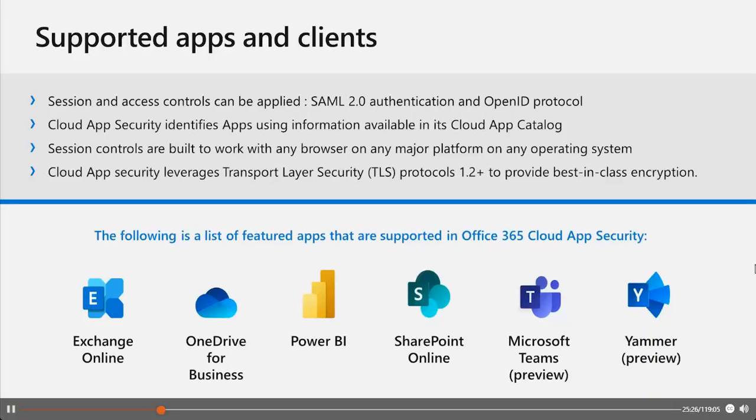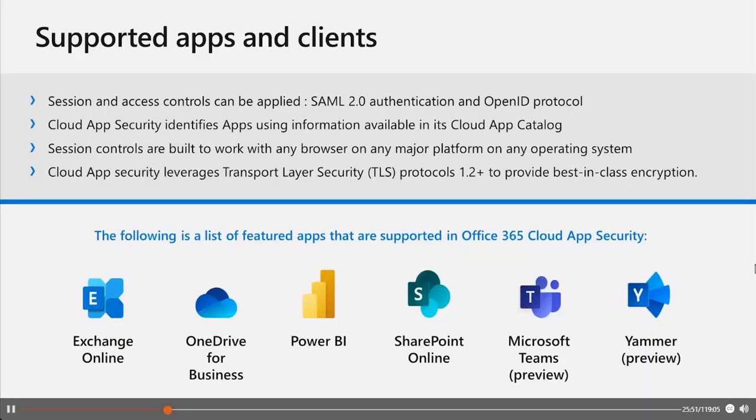You can have Workplace by Facebook or a G Suite environment, and this gives you a really great part of that. So, the list what we see here is the specific featured apps: Exchange Online, OneDrive for Business, Power BI, SharePoint Online, Microsoft Teams in preview as I already mentioned, and Yammer that is also in preview.